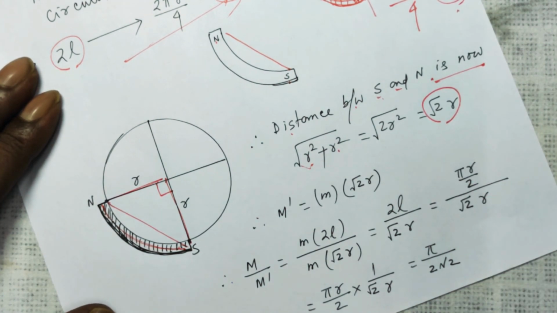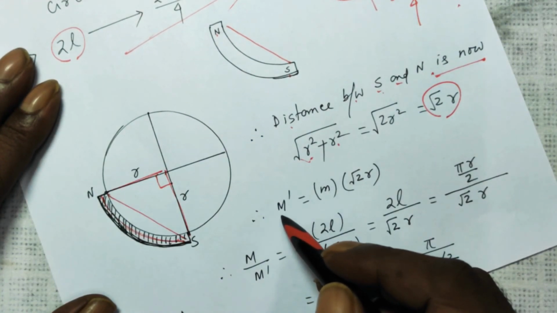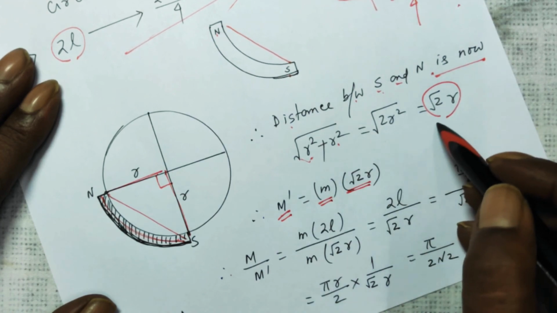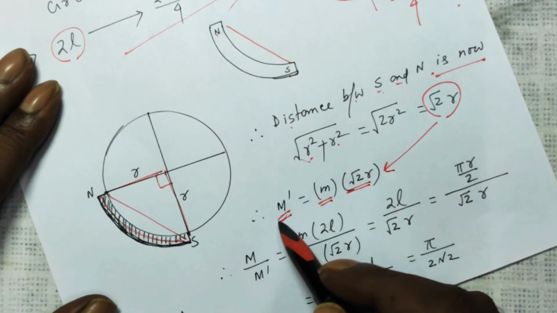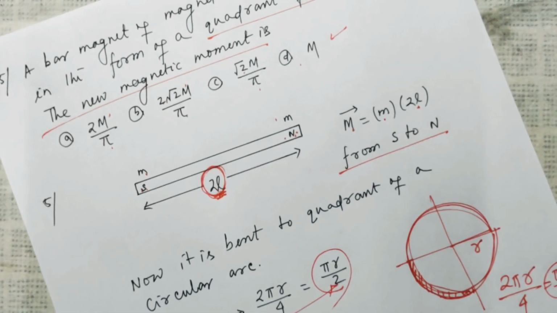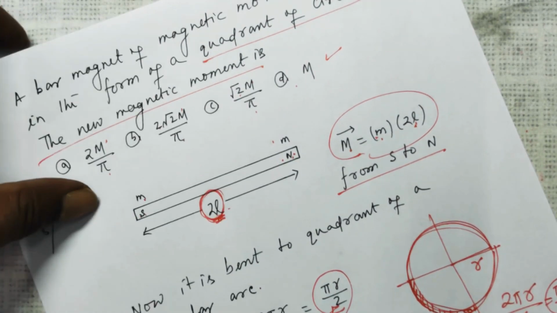So by bending, the pole strength has not changed. Let the new magnetic moment be m dash. It will be pole strength times the distance, which you just calculated. So m dash is this, and your previous M was equal to m times 2l. Let us divide these two expressions.